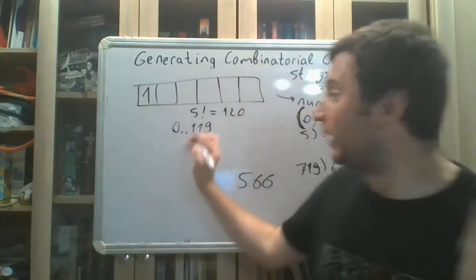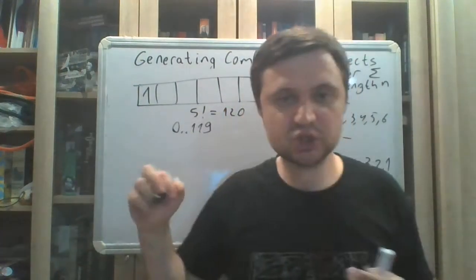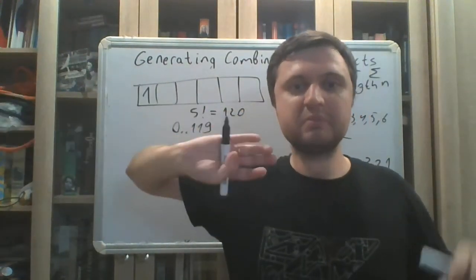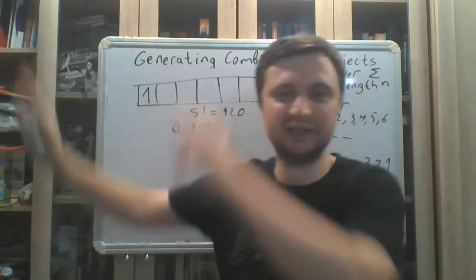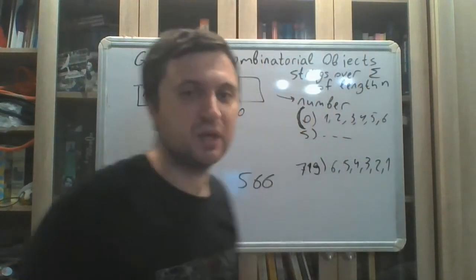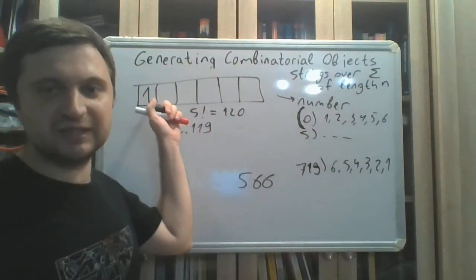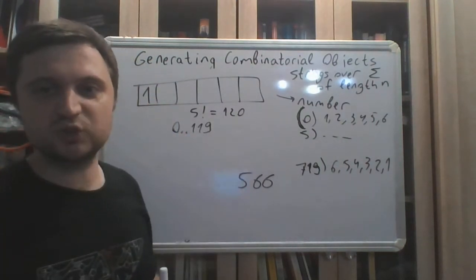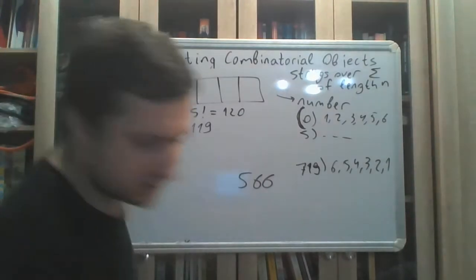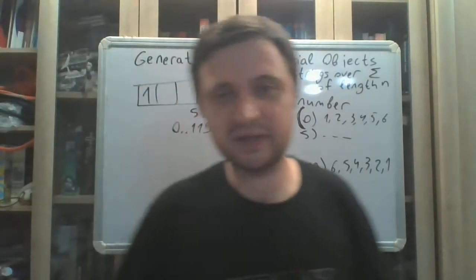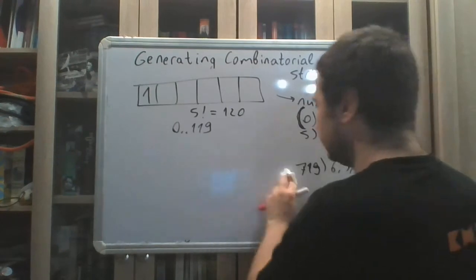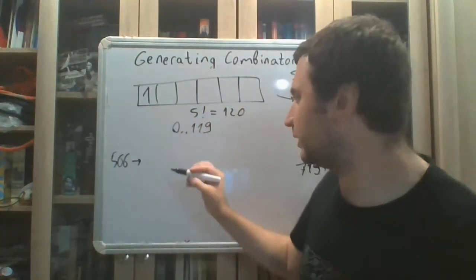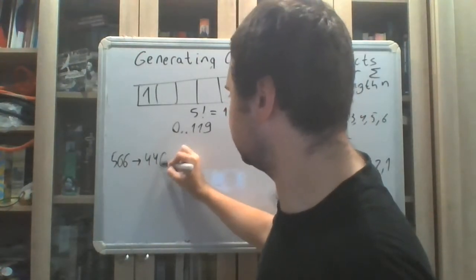So there are 120 permutations, the first permutations, that we can remove from our interest in a single hand wave. We are not interested in these guys at all, and therefore we can subtract the first 120 from our interest. And now, among all the other guys, we are searching not for permutation number 566, but for permutation number 446.